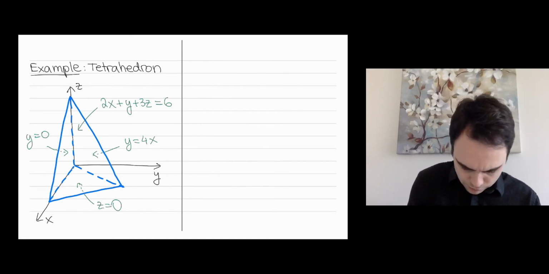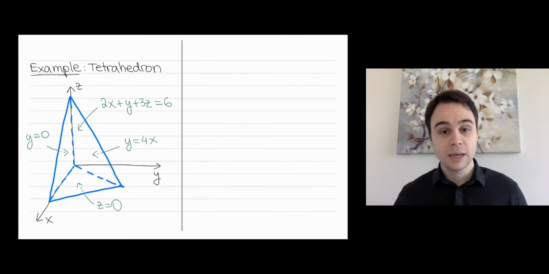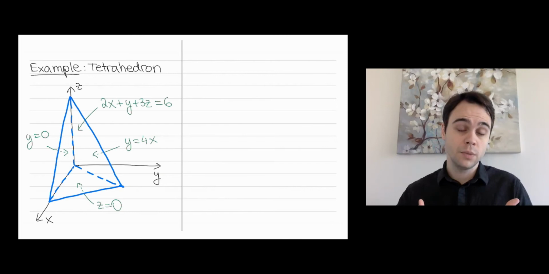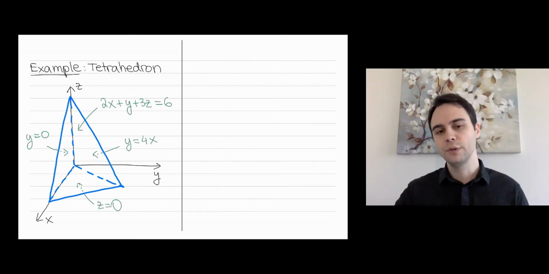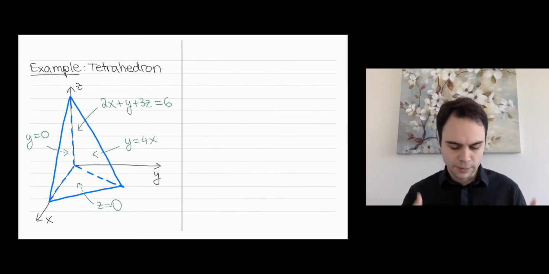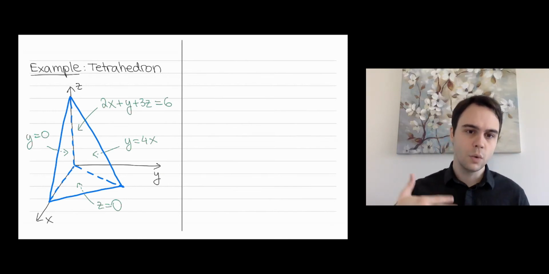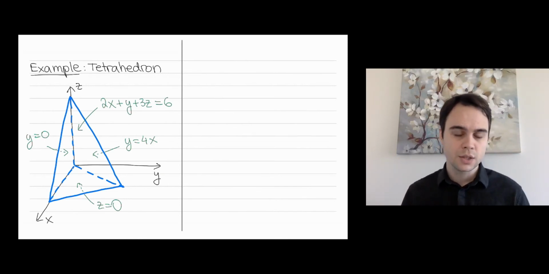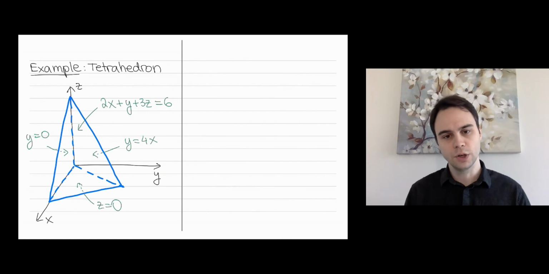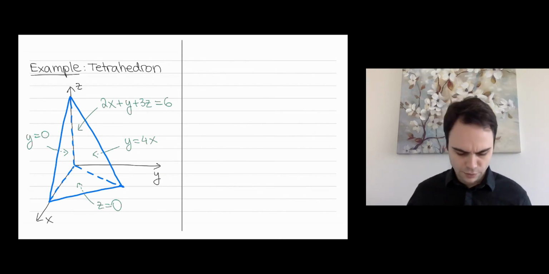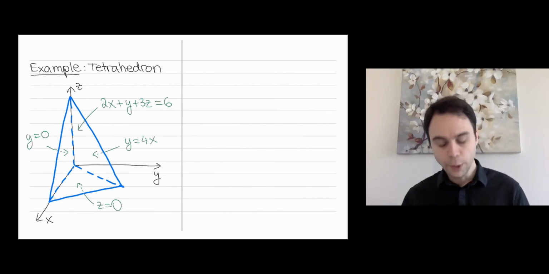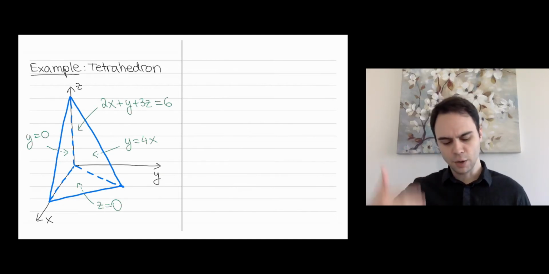So let's start with the easier one, the plane y equals 4x. When I refer to the plane with this equation, I'm saying that the plane is the set of solutions to this equation. So y equals 4x in two variables just gives me a straight line through the origin with slope 4. But in 3D, I'm looking at points x, y, z, where x and y live in this line, and it doesn't matter what z is.